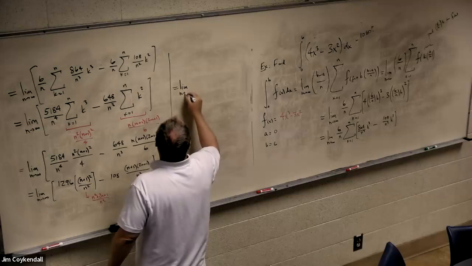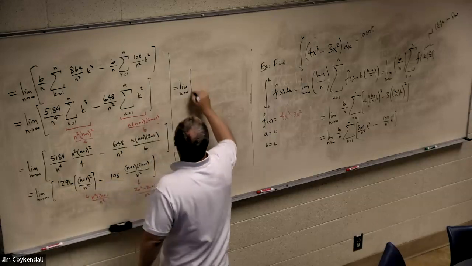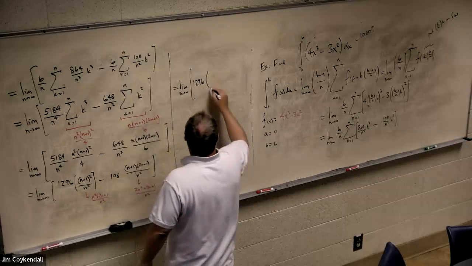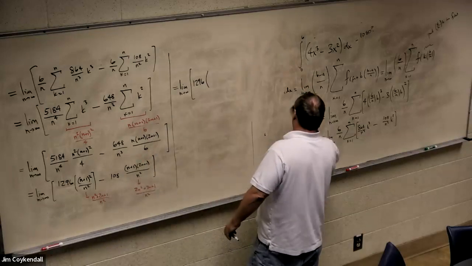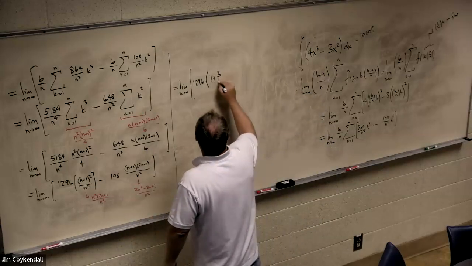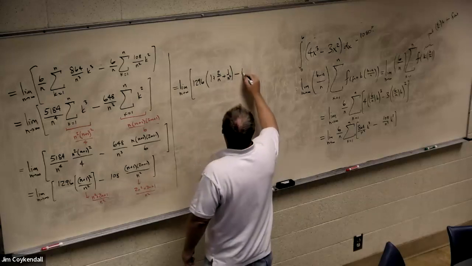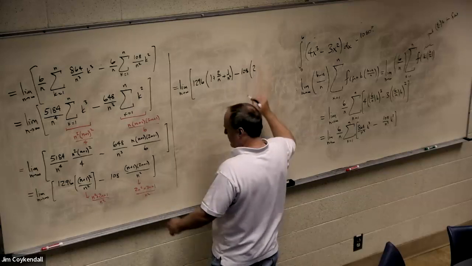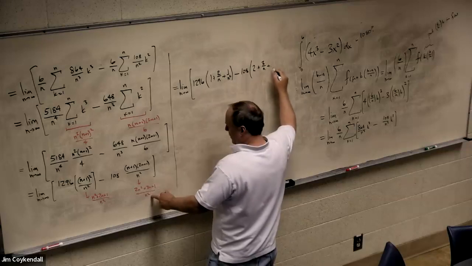So this is the limit as n goes to infinity of 1296 times 1 plus 2 over n, plus 1 over n squared, minus 108 times 2 plus 3 over n plus 1 over n squared.